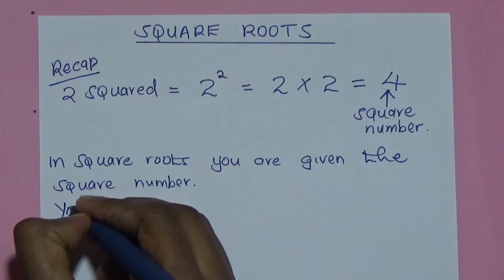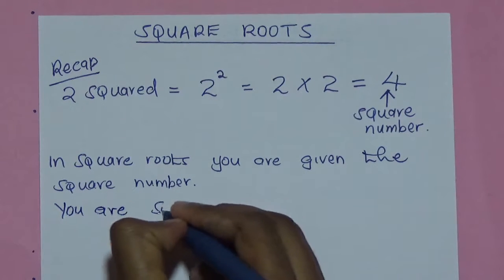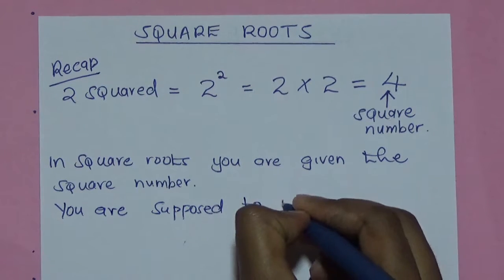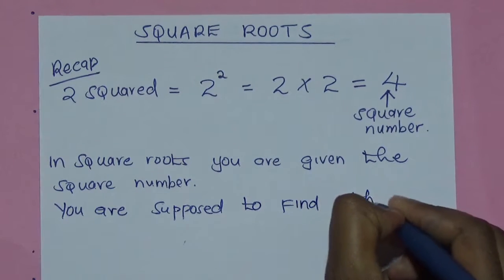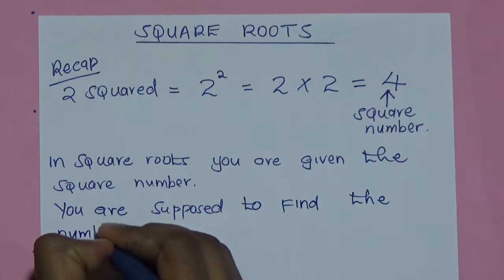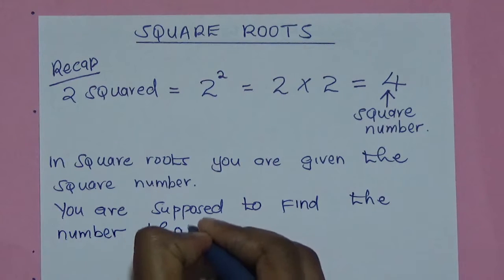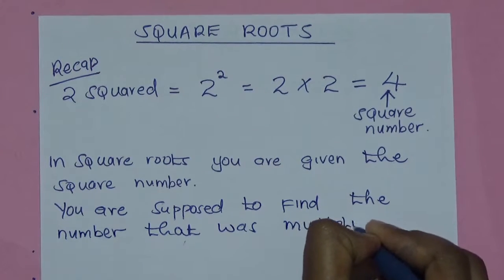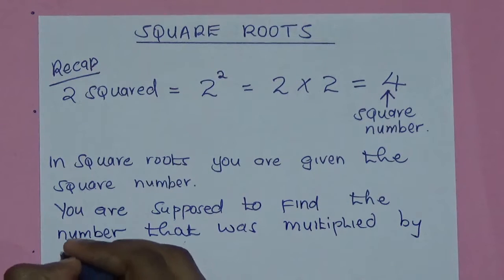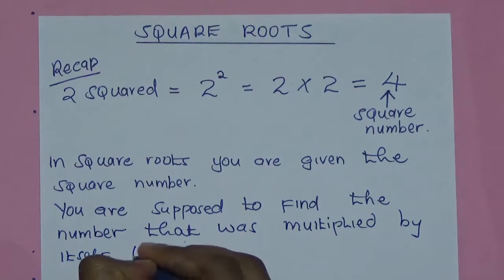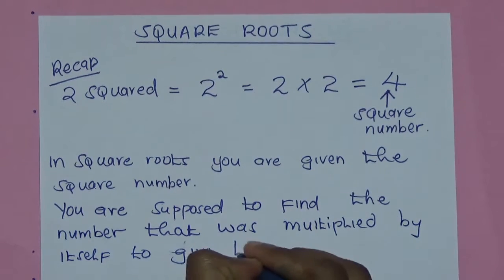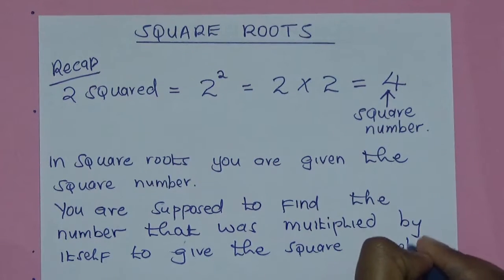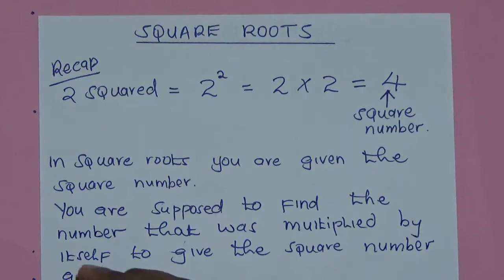So, you are supposed to find the number that was multiplied by itself to give the square number given.